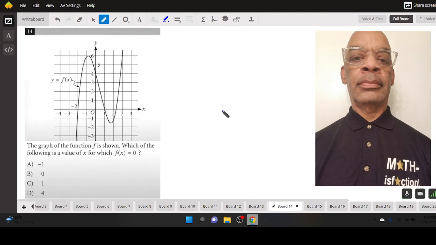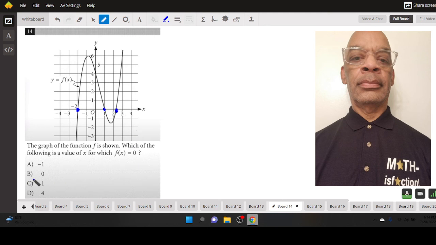14. Which of the following is a value of x for which the function equals 0? So here the function equals 0, x-intercept, y equals 0, excuse me. Here the function equals 0, here the function equals 0.